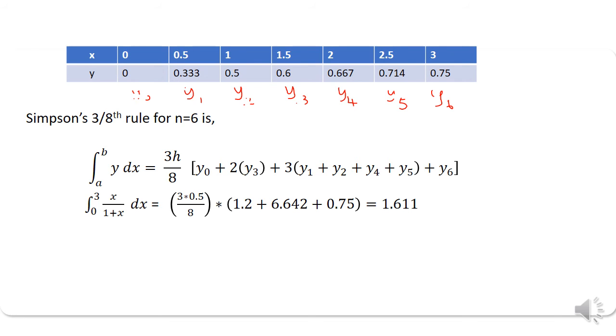Simpson's 3/8 rule for n equal to 6 is integral a to b y dx equal to 3 into h by 8 into y0 plus 2 times y3 plus 3 times y1 plus y2 plus y4 plus y5 plus y6. Substitute the respective values using the table and simplify the right side using a calculator. We get the integral value equal to 1.611.